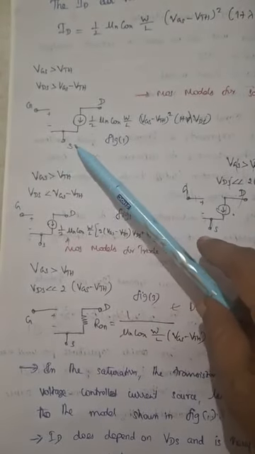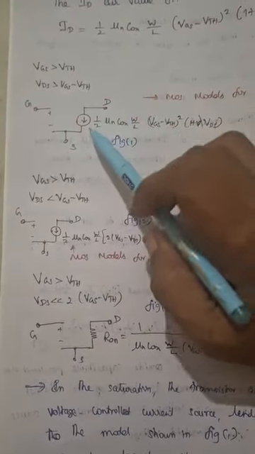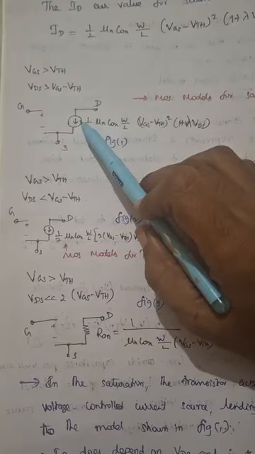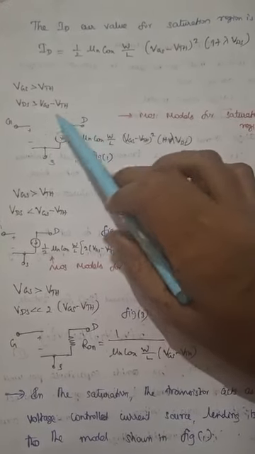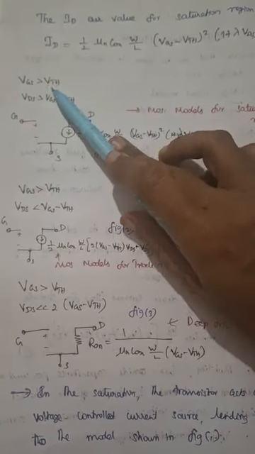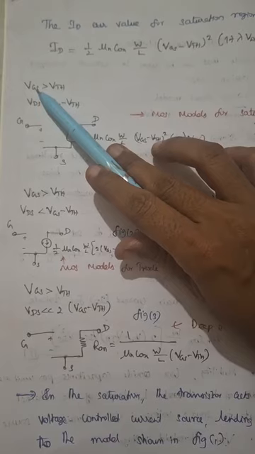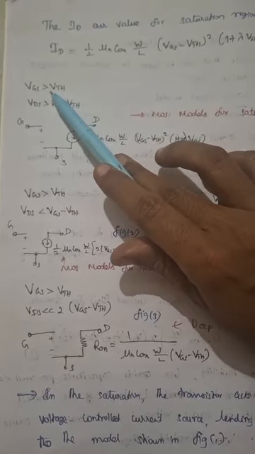Next we are going to see the different diagrams. Here these are the MOS models for saturation region. What is the condition for saturation region? Your gate source voltage, that is the input voltage, should be greater than threshold voltage.